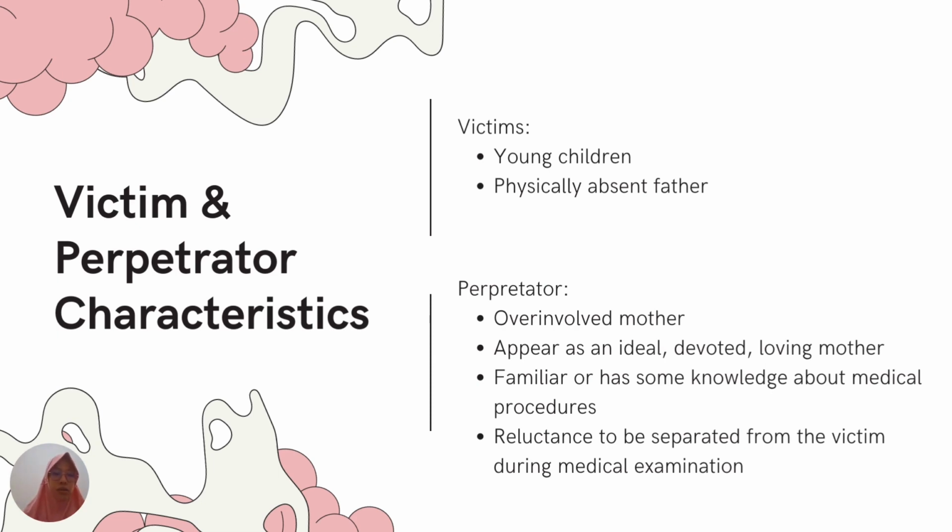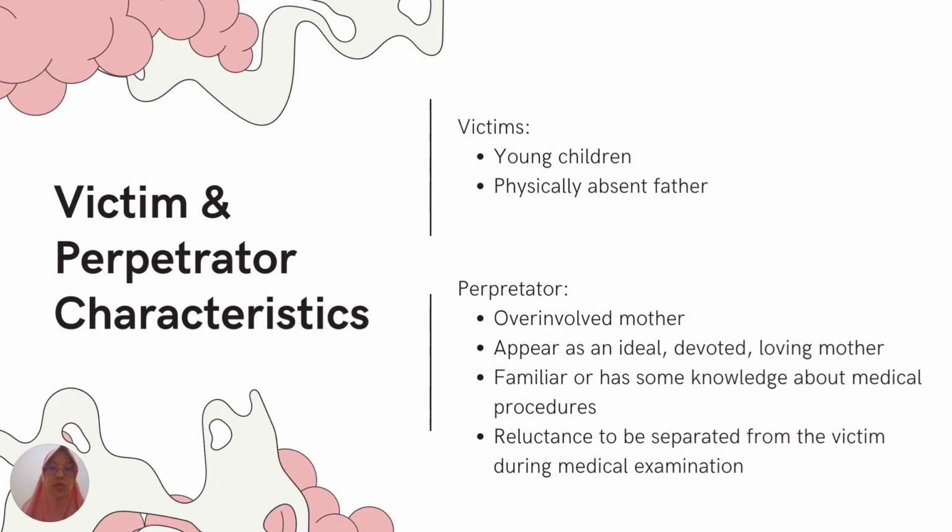Here are the victim and perpetrator characteristics in line with Munchausen syndrome by proxy that we found in Gypsy Blanchard's case. The victim is a young child and has a physically absent father.